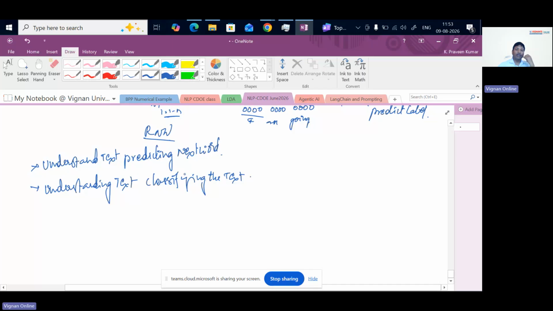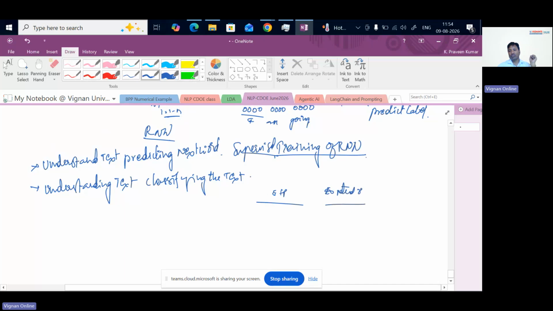Now the point is, first the training part, training of RNN, how this training will happen. It is supervised. Supervised in the sense that first you give what is the input and what is the expected output.